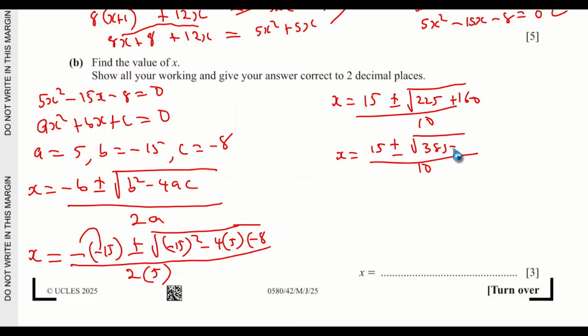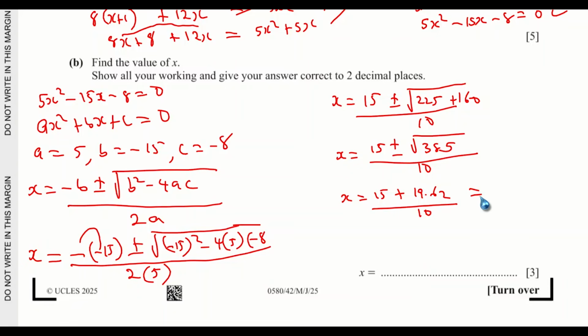So 385. Okay, so this will be x equals 15 plus the square root of 385, which is 19.62, over 10. So we don't need the negative side because it will give us a negative value.